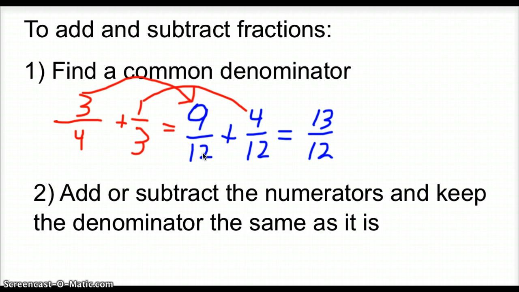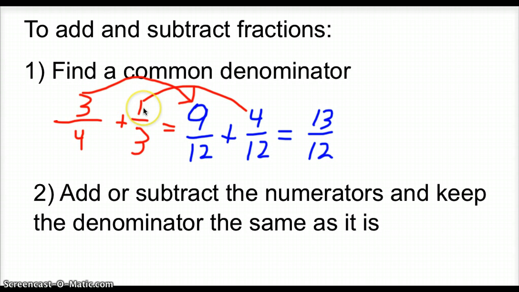That's how we got this denominator of 12 right here and right here. So now, this number 3, since we want to keep the fraction equivalent, we will have to multiply that by 3 as well. So 3 times 3 gives us 9. So 9/12 is the equivalent fraction to 3/4.